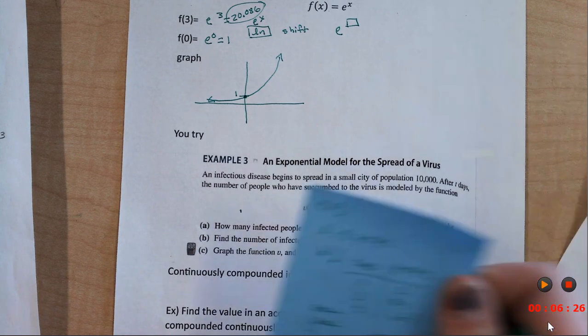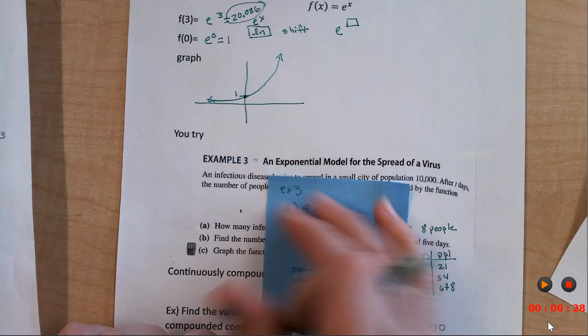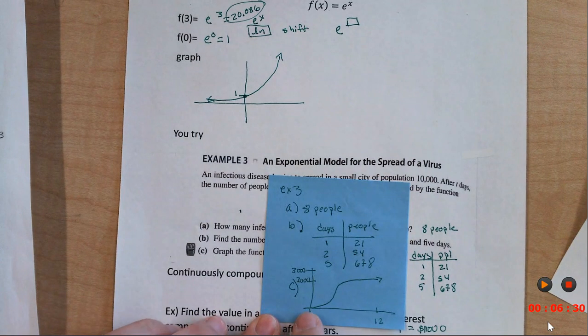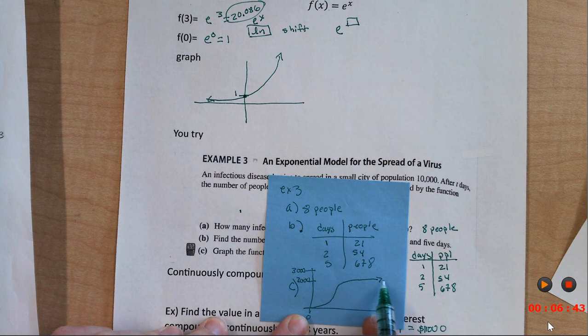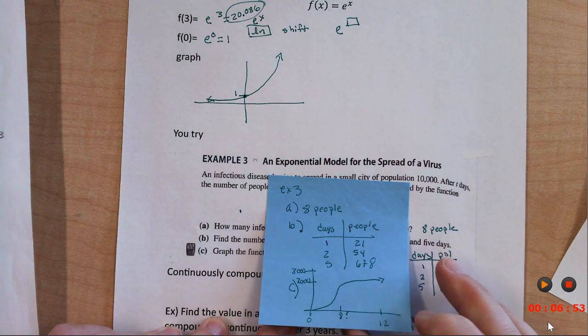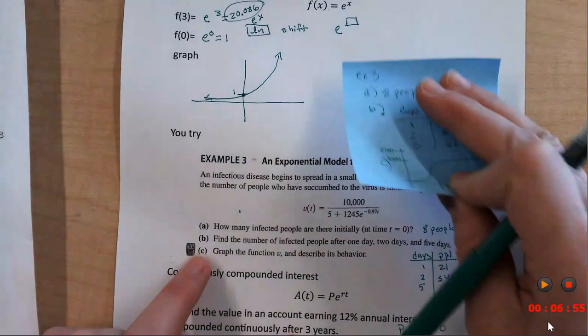If we graph it, it looks like this. If I go from 0 to 12, it gets big really fast. And if I make my y values go up to 3,000, it shoots up to 2,000, and then it kind of levels off. This is around 8-ish days. So it shoots up rapidly between 0 and 8 days, and then it levels off at 2,000. So that's the answer to part C.